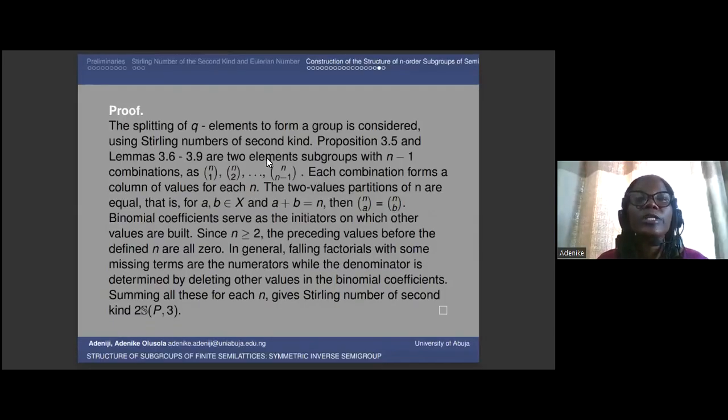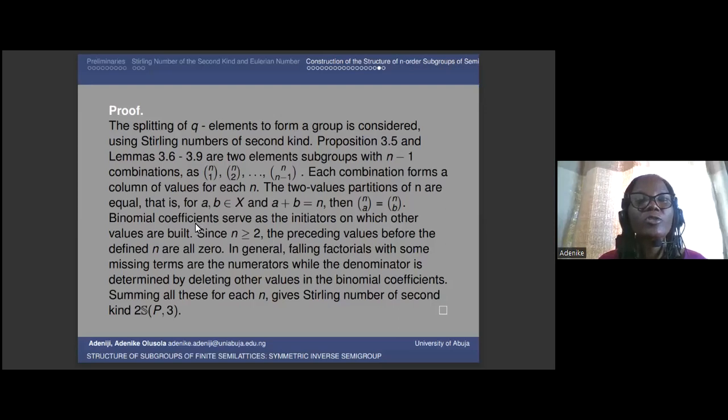If we take note of lemmas 3.6 to 3.9, there are 2 element subgroups, because those lemmas proved basically on 2 element subgroups, and it has n-1 combinations, with each combination forming a column of values for each n. And this is obvious, the 2 values partitions of n, they are equal.